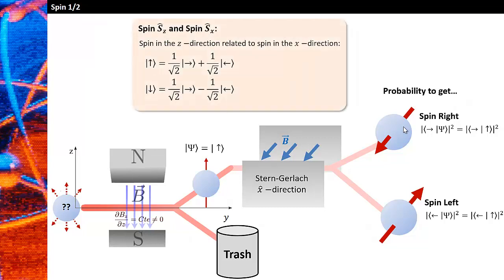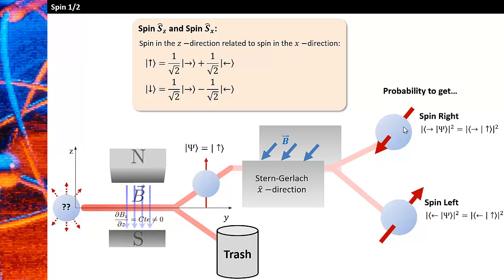Well, I mentioned before that there's a relationship between spin in the z direction and spin in the x direction. And so there's a way to write, for instance, the up ket in terms of right and left kets. In particular, the up ket is a mixture of right ket and left ket.